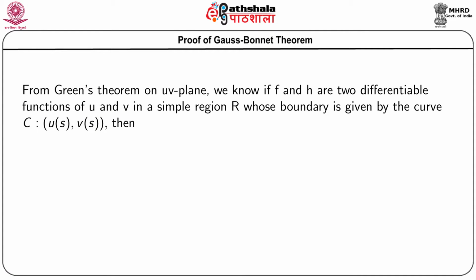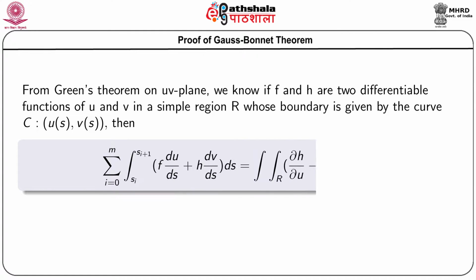Now, from Green's theorem on the uv plane, we know that if f and h are two differentiable functions of u and v in a simple region R, whose boundary is given by the curve C, u(s), v(s), or we can take this one as gamma also, then it follows that the summation i equal to 0 to m of the integral from s_i to s_(i+1) of f du/ds plus h dv/ds, whole ds, equals the double integration within the region R of del h by del u minus del f by del v, du dv.